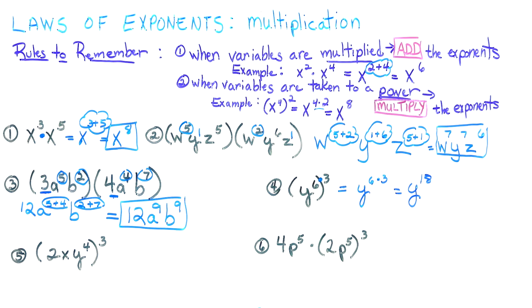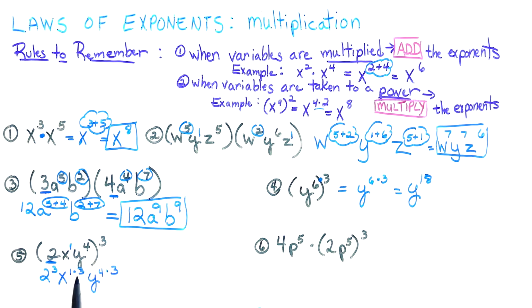All right, looking at number 5 now, notice we have a coefficient. And I see the x does not have a number there, so I'm going to put a 1 there. So for this problem, the 2 has to be taken to the third power. And we know 2 to the third is 8, and we'll write that in a minute. But we have x to the 1 times 3 and y to the 4 times 3.